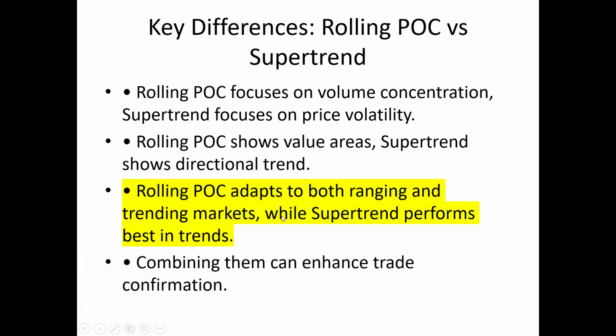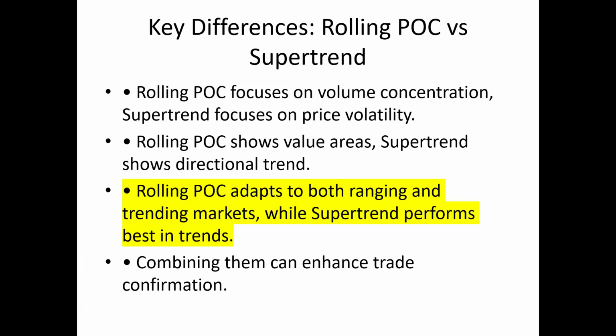Rolling POC adapts to both ranging and trending markets. That is the beauty of the rolling POC. What it does, rolling POC adapts to both ranging and trending markets. We need that. While super trend performs best in trends.